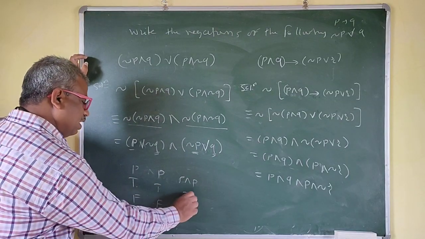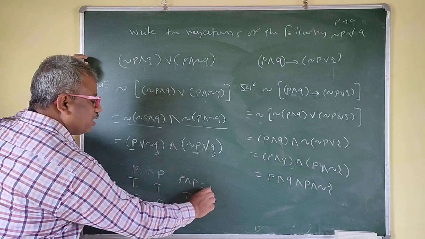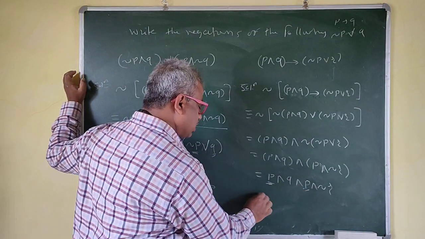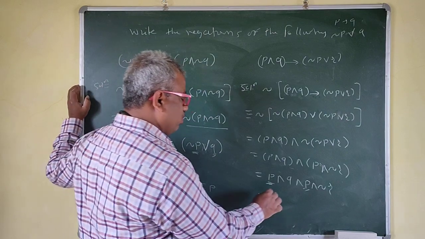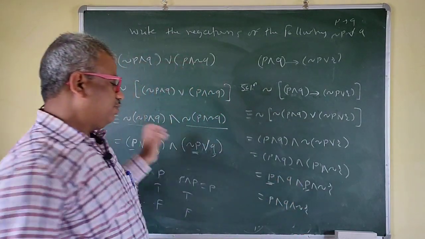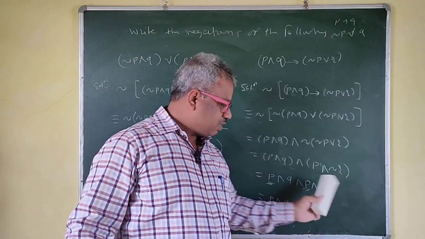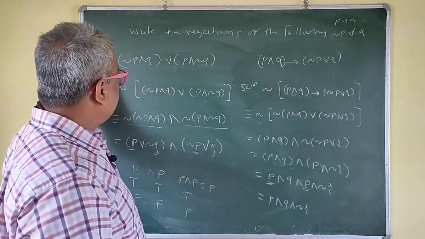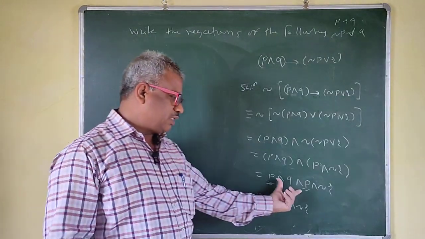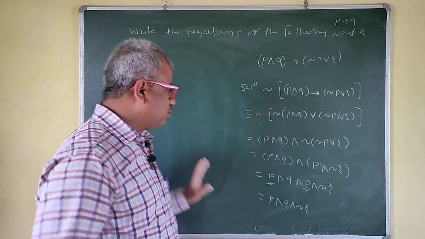So T and T is T, F and F is F. That means this is logically equivalent to P. So these two P are here; just write it only one time. This is Q and negation R, right? If you don't remember this one, keep it as it is. Don't write the wrong answer. If you don't know, write this as it is.